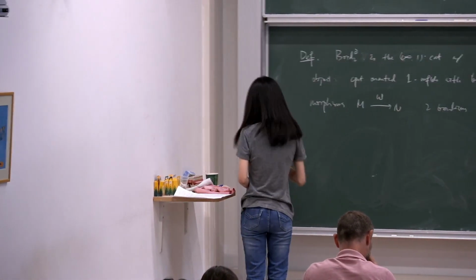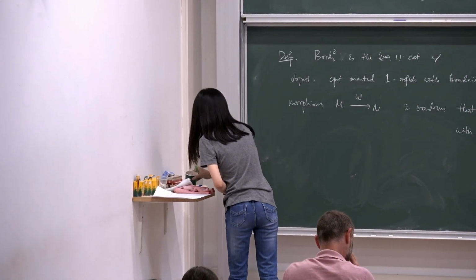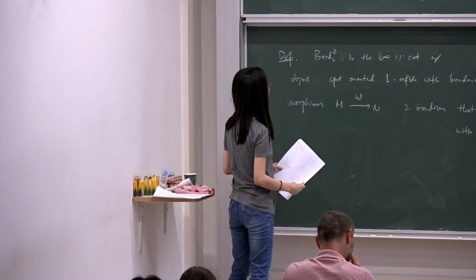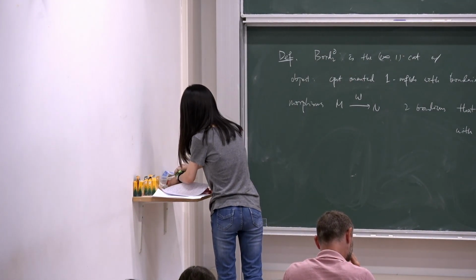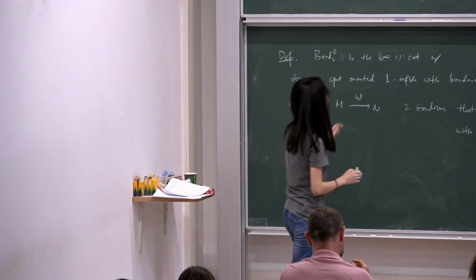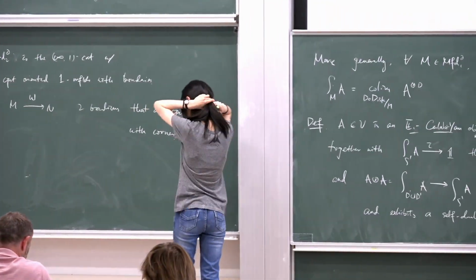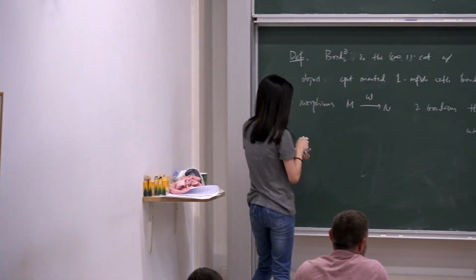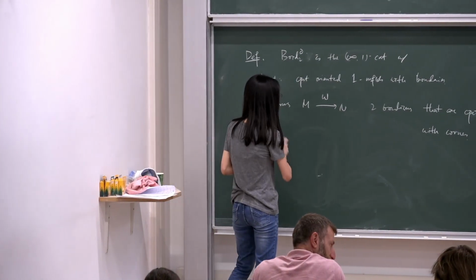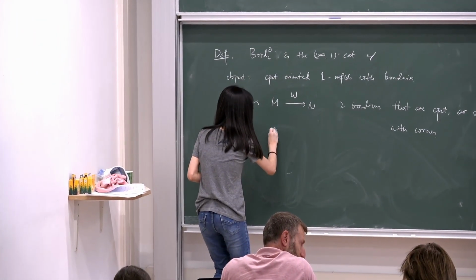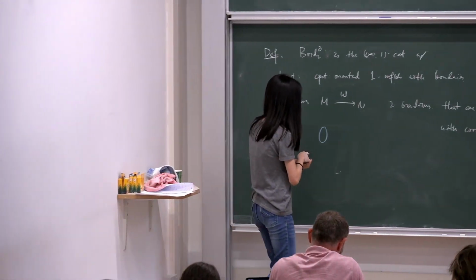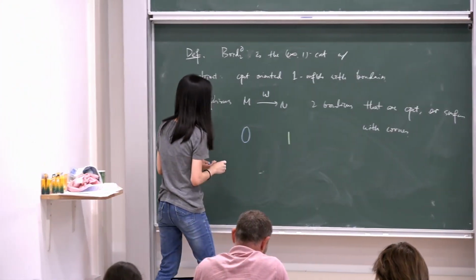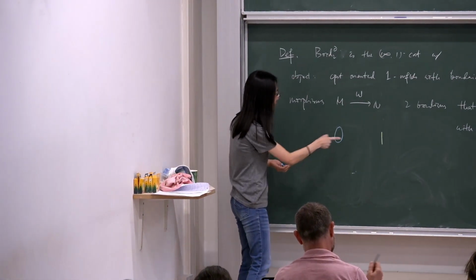So let's take W to be, there's my blue chalk. Okay, bad. It's here. Let me draw a morphism here. So I take M to be a circle, and I take N to be an interval. And what is the two bordism between the circle and the interval?